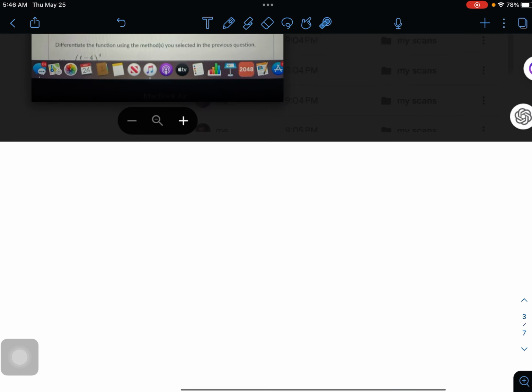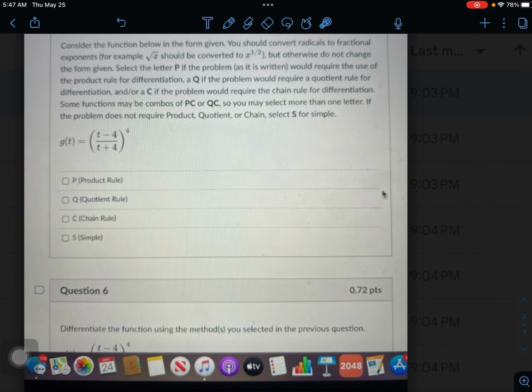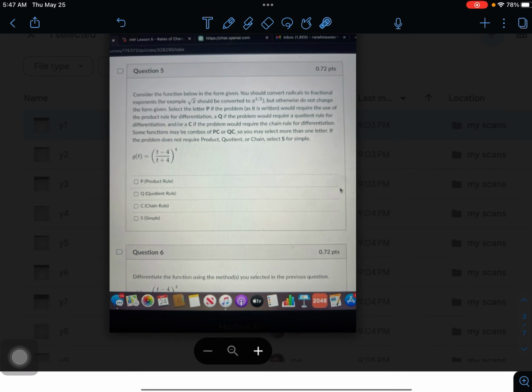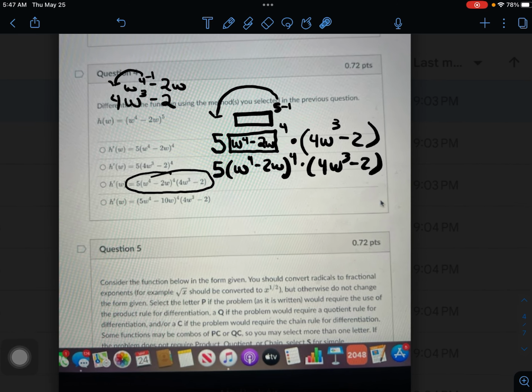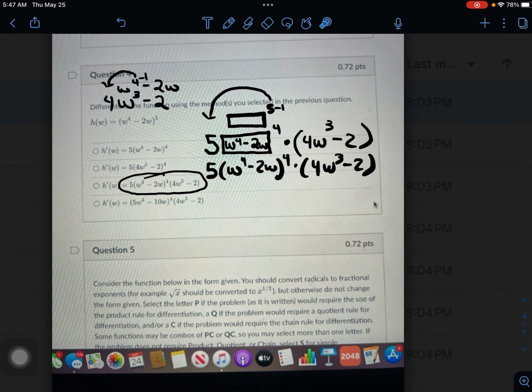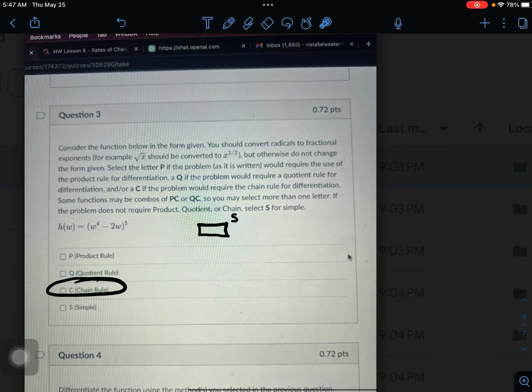Let's keep on going. Number 5. And let me make sure one thing. Hold on a second. Let me just check this. It's my first time seeing these, so I just want to make sure I didn't miss anything here. Oh, that's interesting, because let's go back to question 3. It says that we can do combinations of PC or QC.